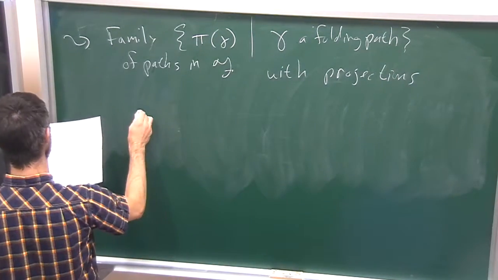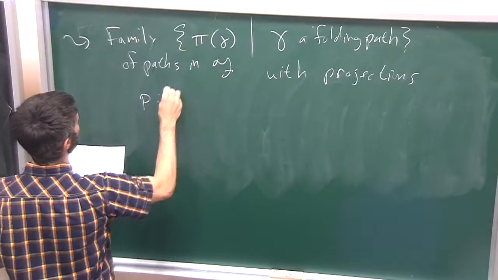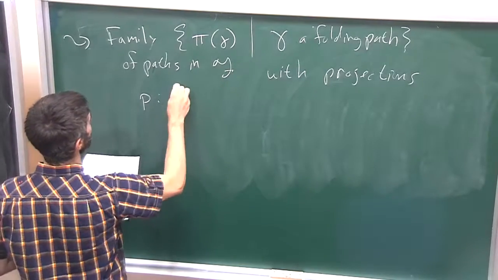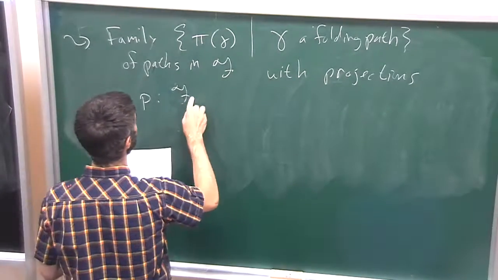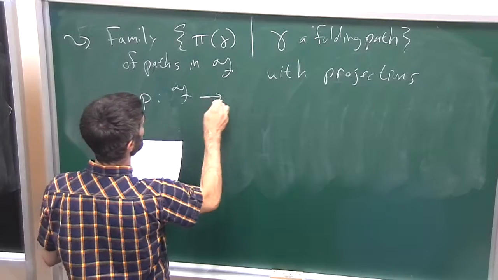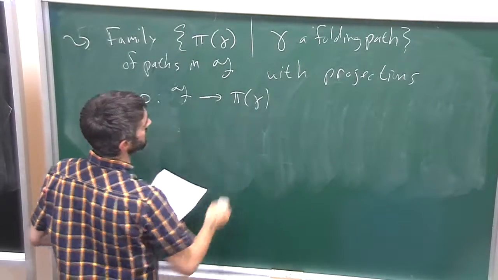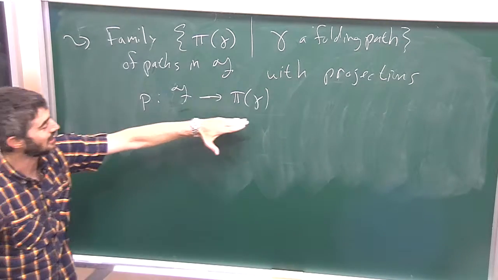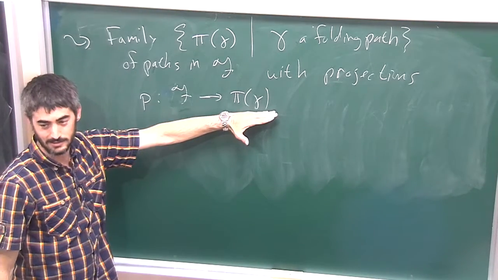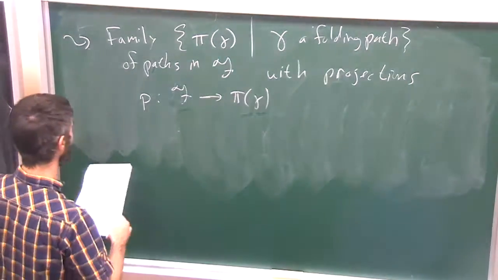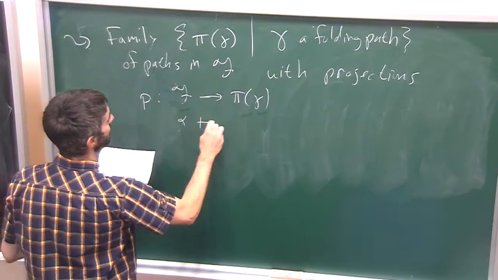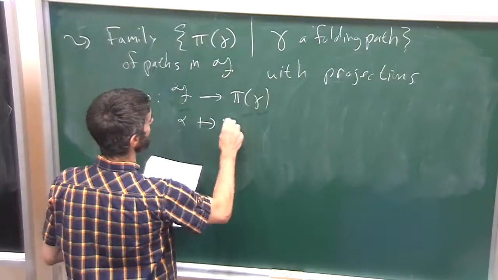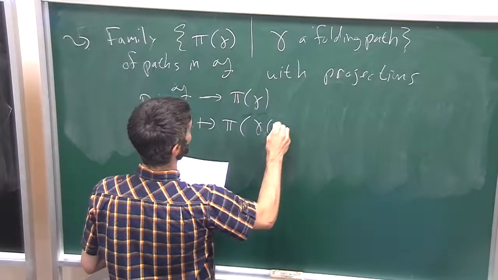What are these projections? Let me call it P, from the free factor complex to the path. For each one of these paths, I'm going to define a projection from the whole free factor complex to the path. What's the projection? I just send a conjugacy class to the image of left.